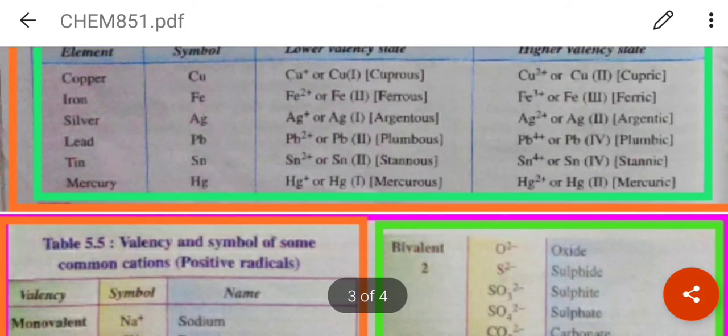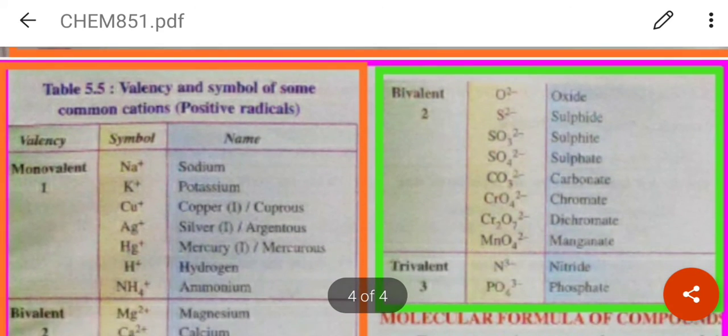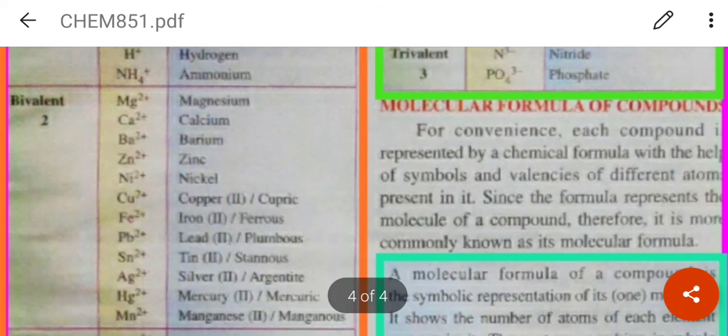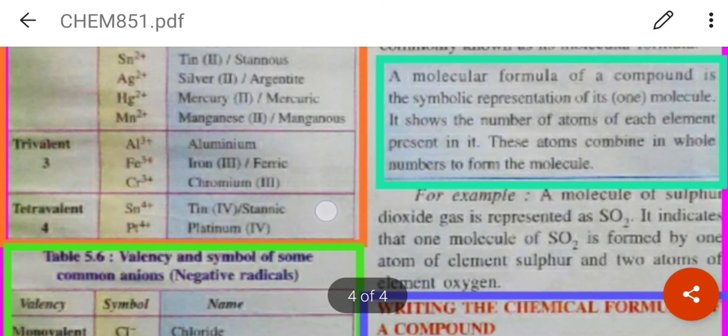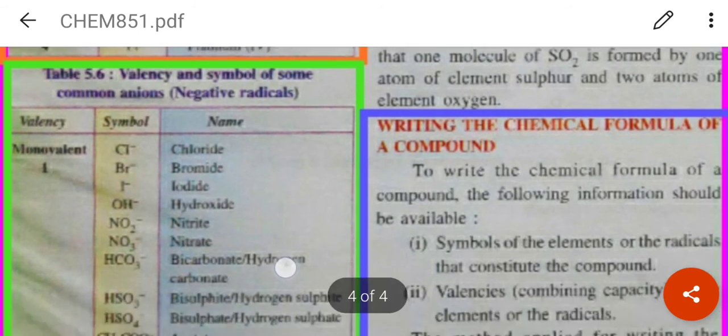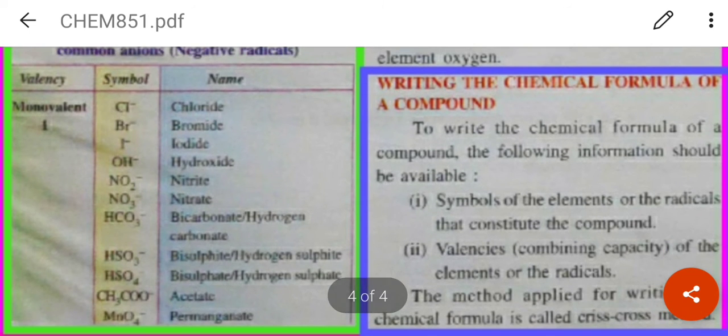Okay. Next you see valency and symbol of some common cations, positive radicals. So you are going to learn this table by heart, okay, and practice by writing. Then you can see valency and symbol of some common anions, okay. Now here I want to point out something.